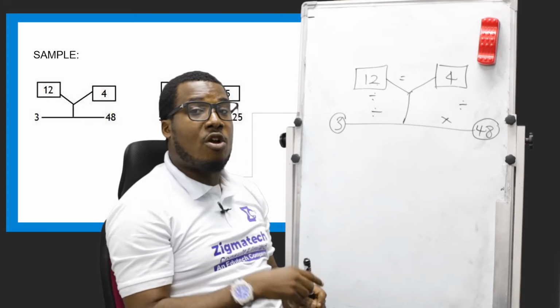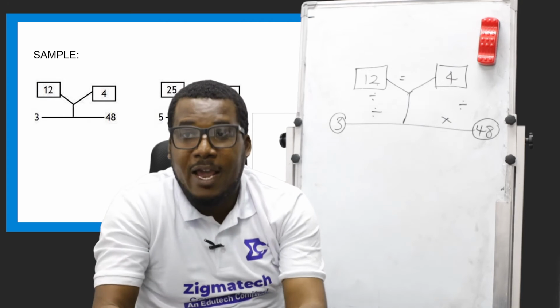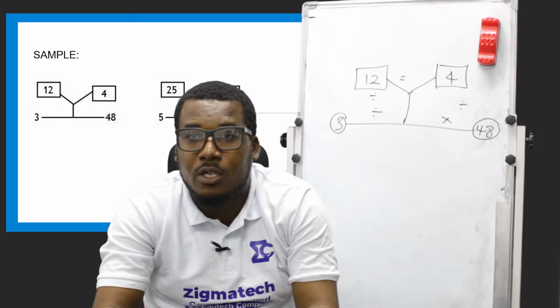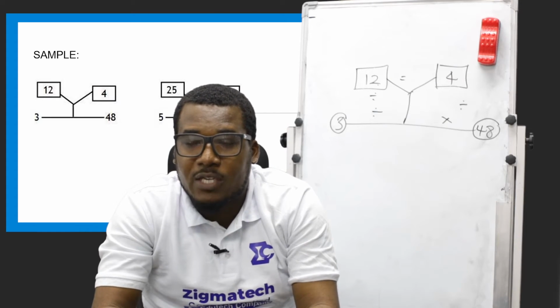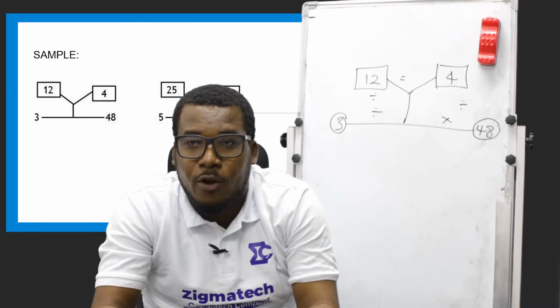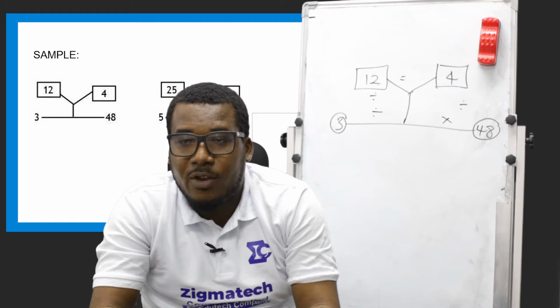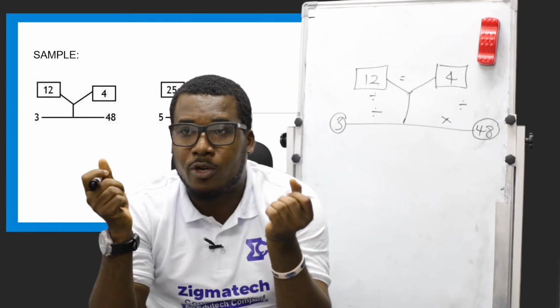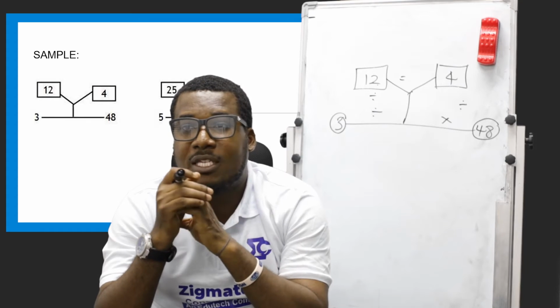All right. Let's see the second sample. The second sample that was given to us, we're given 25, 5, and then at the horizontal line, the line down, the result was 5 and 125. If you notice very well, you multiply 25 and 5, the numbers up there in the boxes, and you get 125.